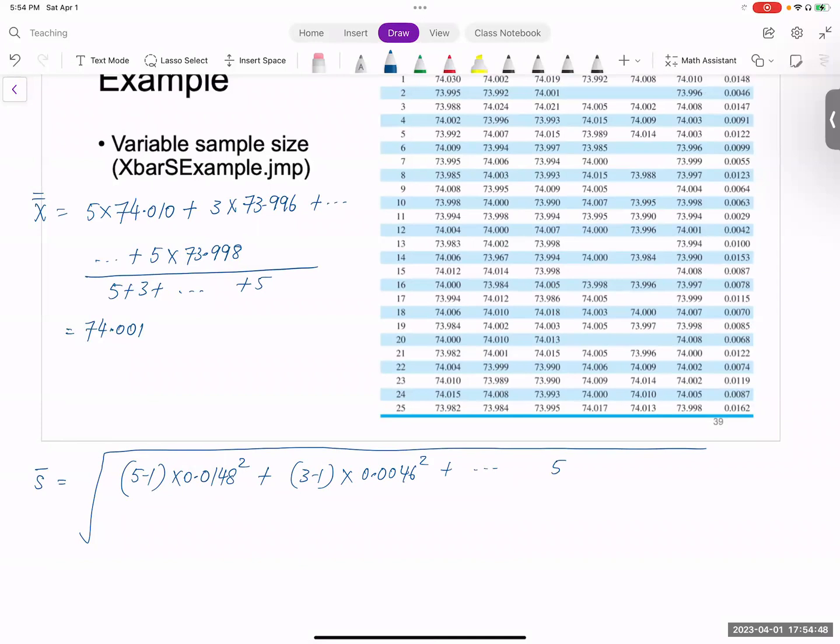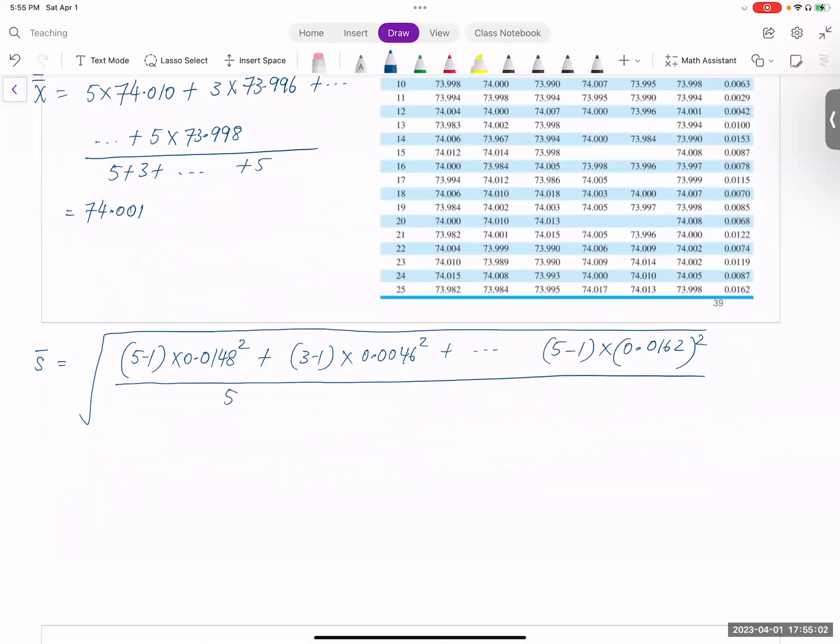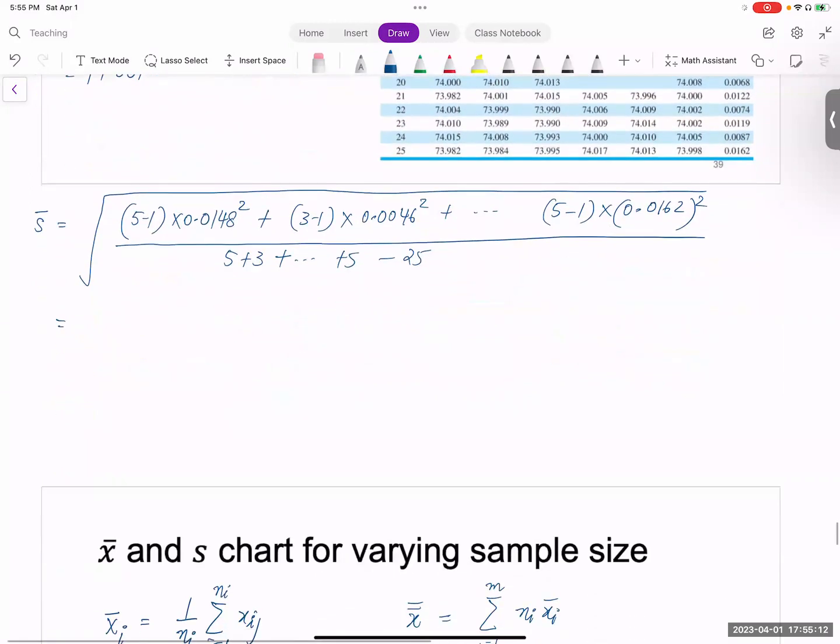The last sample has 5 minus 1 times 0.0162 squared, and divided by 5 plus 3 plus dot dot dot up to 5, minus m, which is 25. And then this gives you 0.0103.